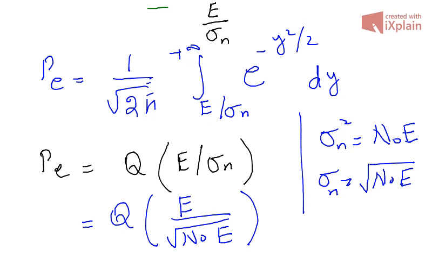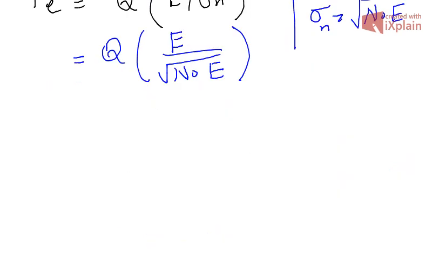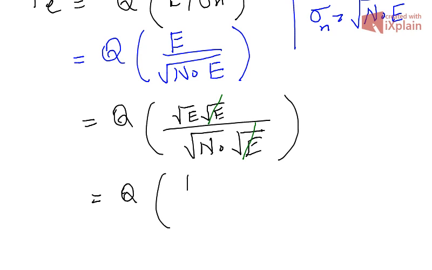Or in other words, just simplify it using simple maths, so this is equal to Q of square root E over n naught E, right? So this is cancelled, and you are having Q of under the root E over n naught.